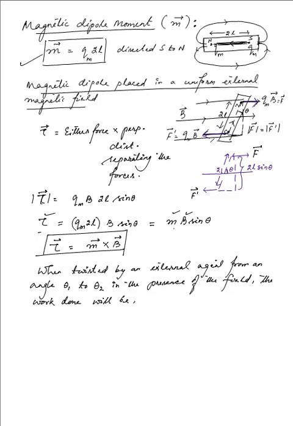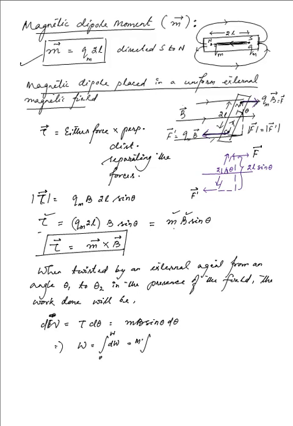how much? Now for a twist through an angle d theta, we have the small amount of work dW, it's a scalar quantity. Tau times d theta is simply mB sine theta d theta. But when integrated over a range of angle, the total work done is the integration of mB sine theta d theta.